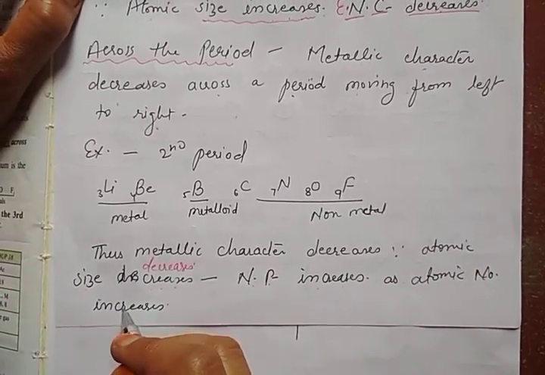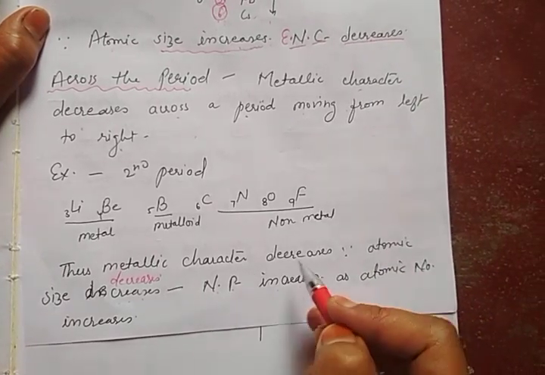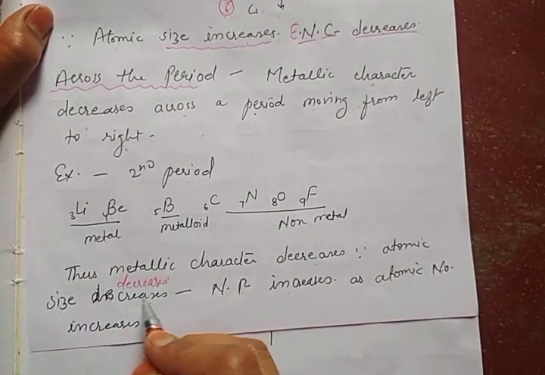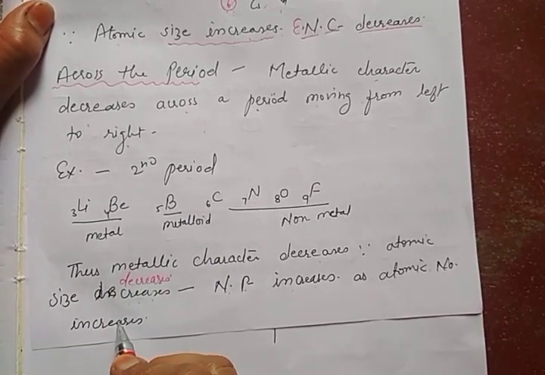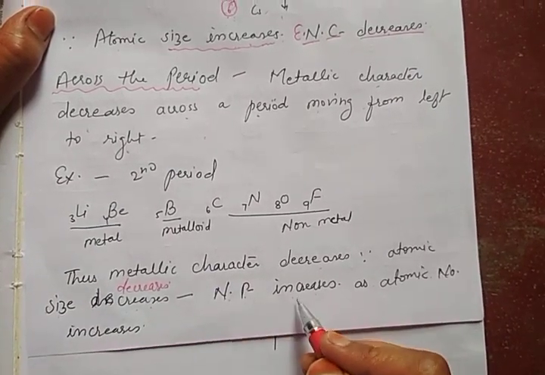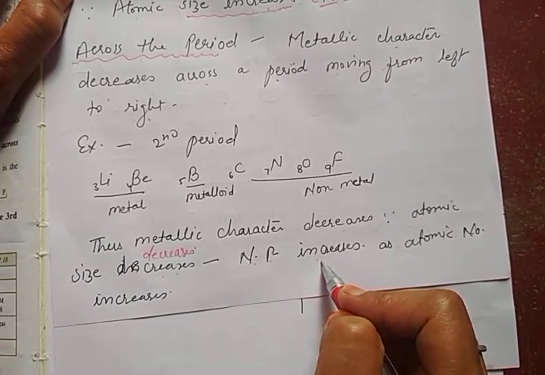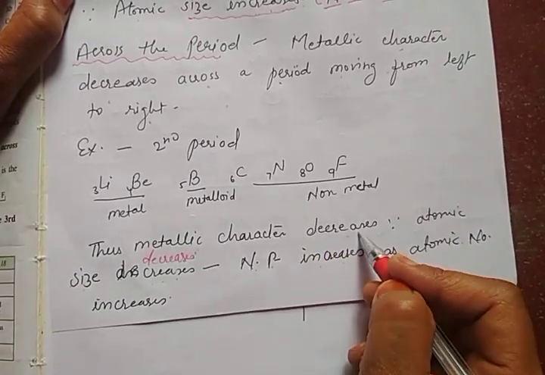As the atomic number increases when we move from left to right, metallic character decreases. The reason is that atomic size decreases. Nuclear pull increases due to the increase in atomic number, and thus the contraction in atomic size makes electron donation difficult, and thus the metallic character decreases.